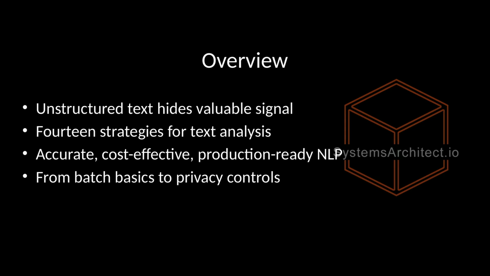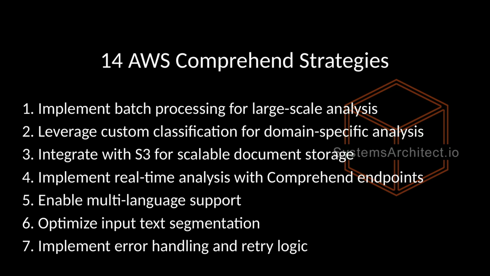14 AWS Comprehend strategies. 1. Implement batch processing for large-scale analysis. 2. Leverage custom classification for domain-specific analysis. 3. Integrate with S3 for scalable document storage. 4. Implement real-time analysis with Comprehend endpoints. 5. Enable multi-language support. 6. Optimize input text segmentation. 7.